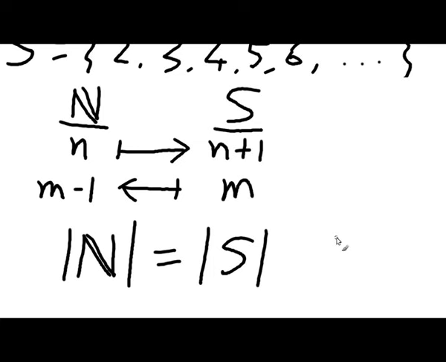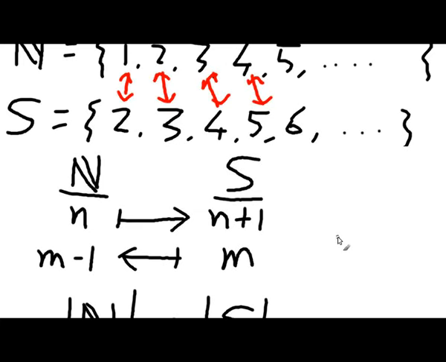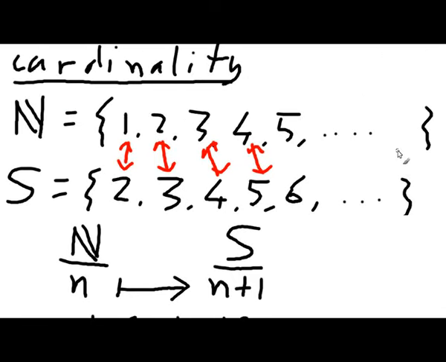So this is kind of interesting because there are infinitely many elements in the set of natural numbers. In the set S, we also have infinitely many elements, but S contained one less element, right? It didn't have the element 1 which was there in the set of natural numbers. But still, the cardinalities of the two sets are the same.